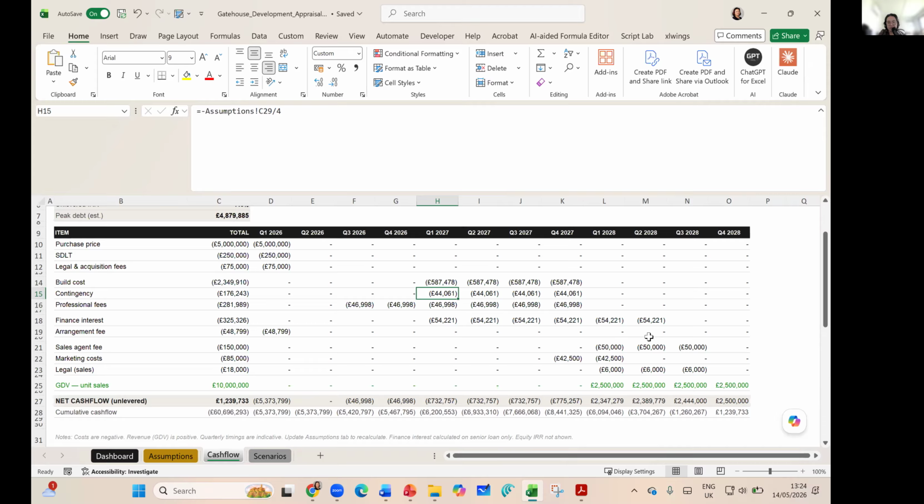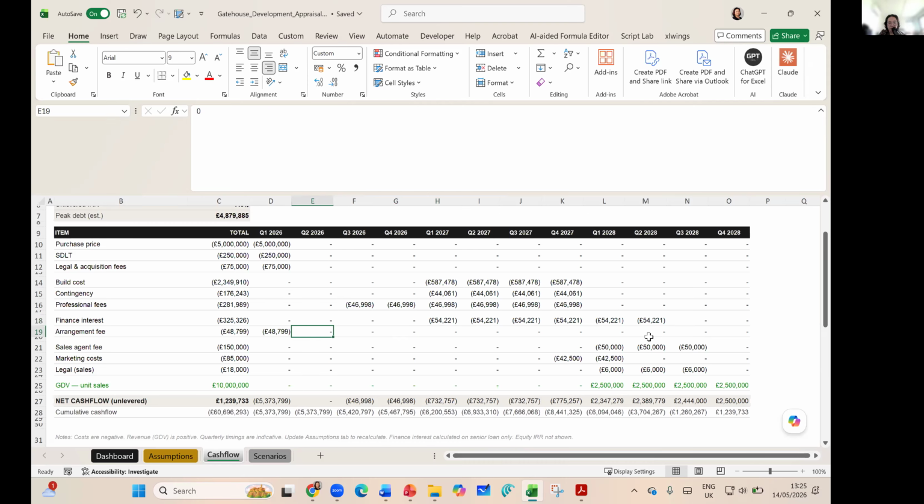Also professional fees, contingencies, and finance and interest as well. This assumes that you're going to pay 5 million in equity straight away, and you start financing only when you start drawing down for the build cost. If this assumption is not right, then you have to adjust the model there.